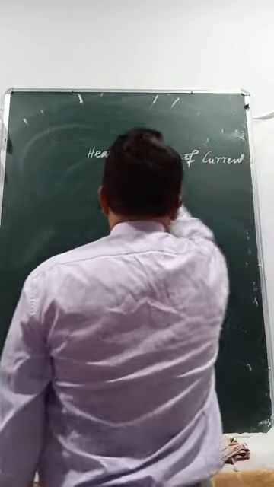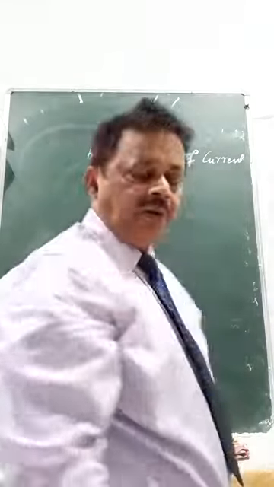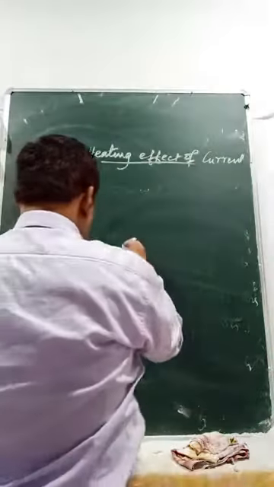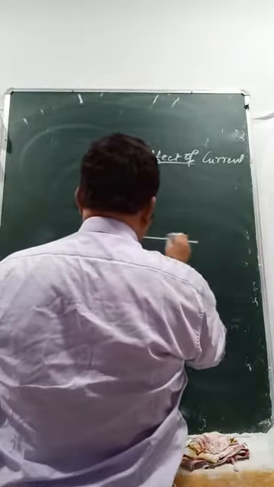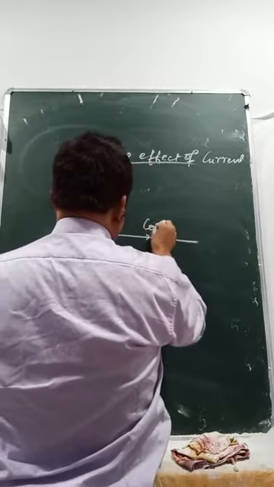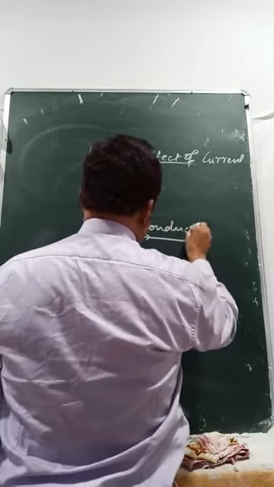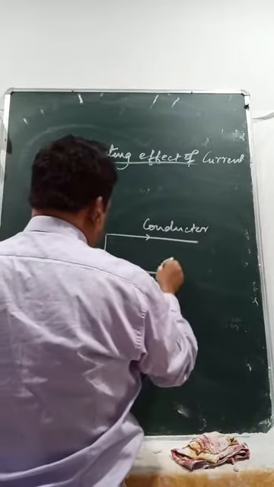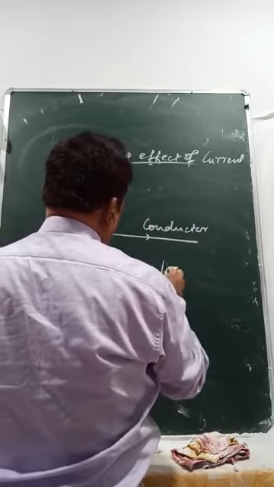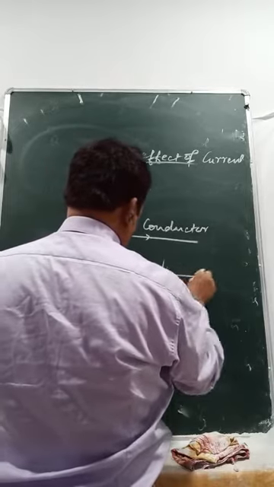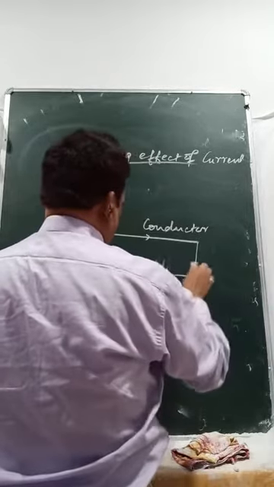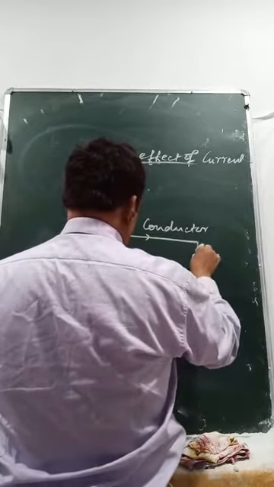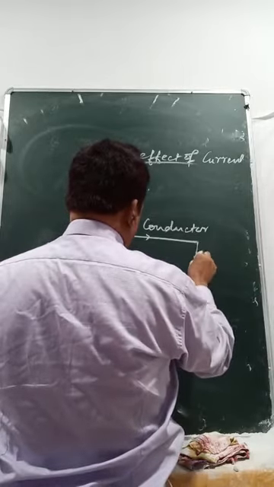Okay, now we'll go to the heating effect of current. What does it mean? Look at here. Suppose there is a conductor connected to a key here.